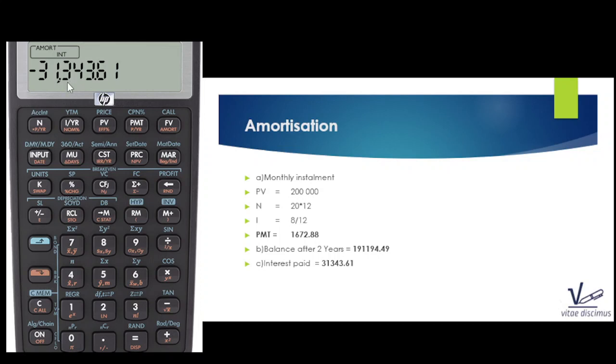So your total payments are almost 40,000, because you've paid 31,000 towards interest and another 8 towards principal debt.